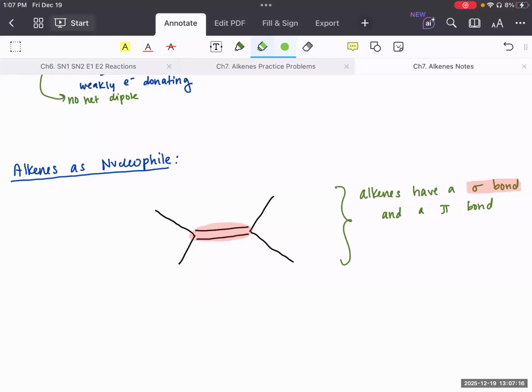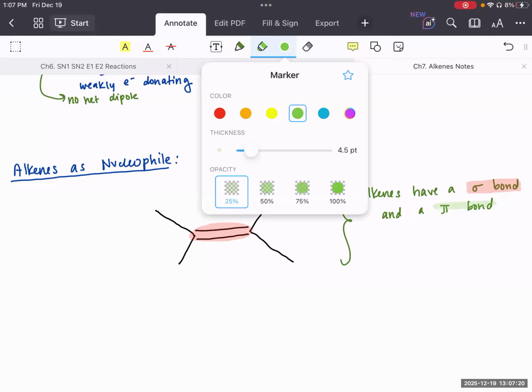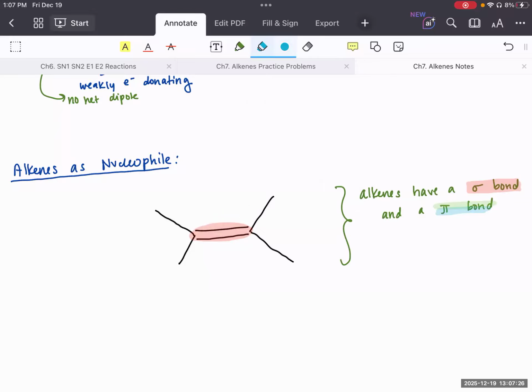And we also know that that pi bond looks something like this, where the structure of it extends above and below that alkene, and we kind of get electron smearing between these lobes.